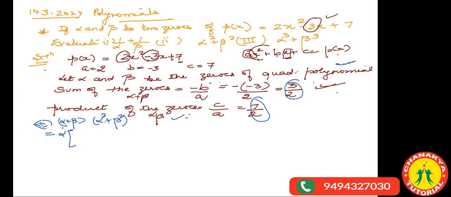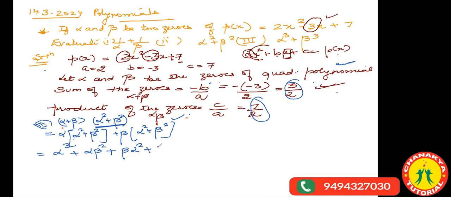How will you multiply? You will multiply the first term by the second bracket, alpha square plus beta square. Then multiply beta by alpha square plus beta square. Right? Now multiply. You will be getting alpha cube plus alpha beta square plus beta alpha square plus beta cube.